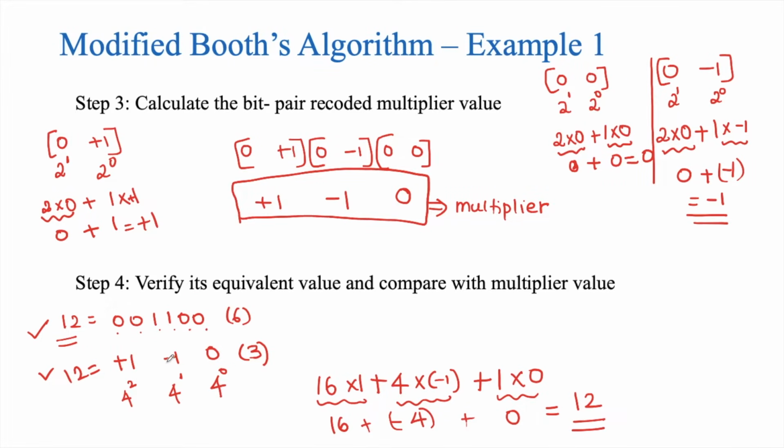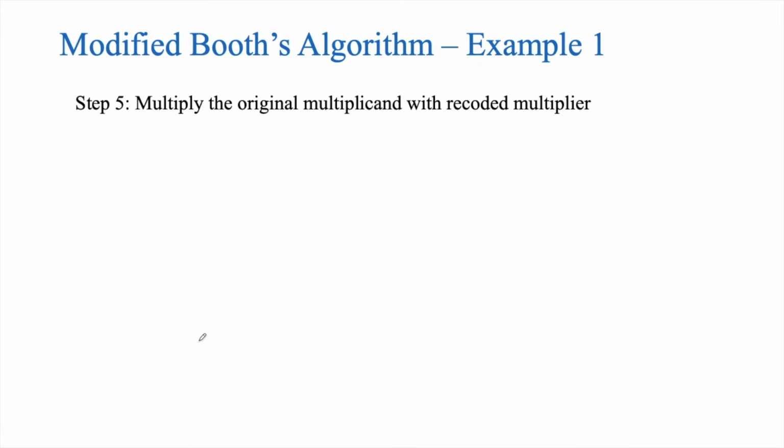Okay. So right now we are going to perform the multiplication operation with the multiplicand and this reduced multiplier. So now let's start our multiplication. We are going to multiply 10 and 12 and the result is 120. We have to do that now. Okay. So for that, what is the equivalent value of 10 that we have already written?